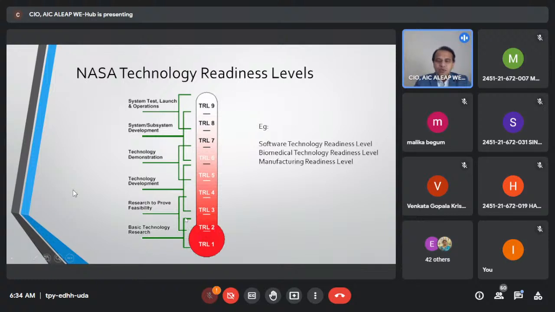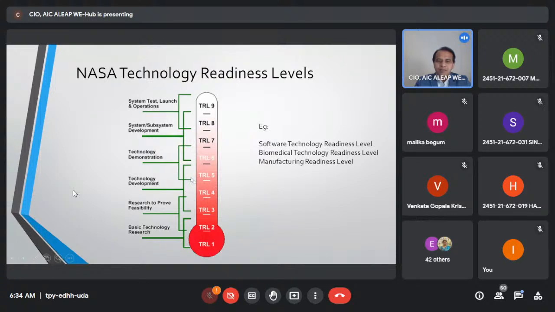Then 2 to 3, research to provide feasibility. So you just look at the feasibility of the research, whether it can be done, how it can be done, if so. TRL 3 to 4 and up to 5, you have technology development.